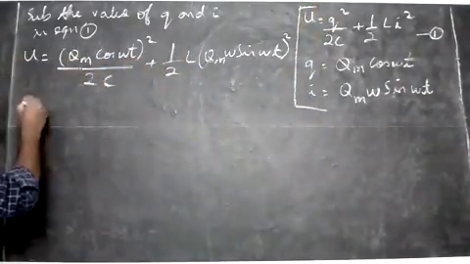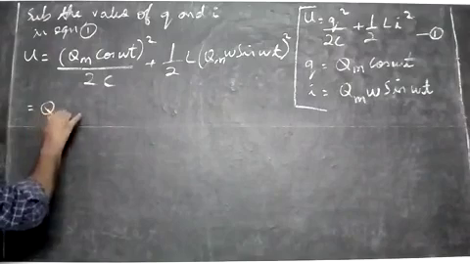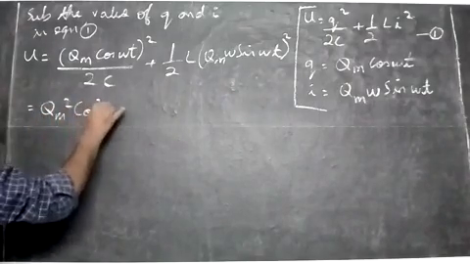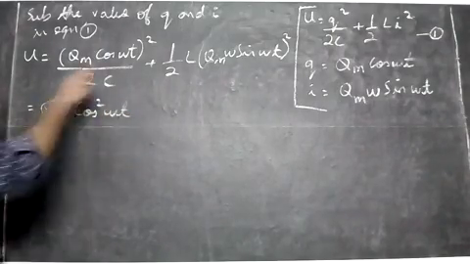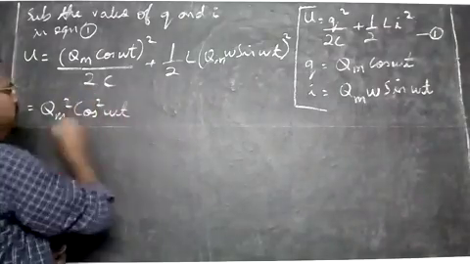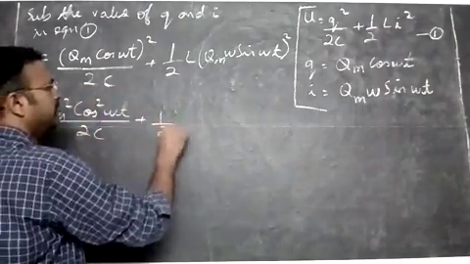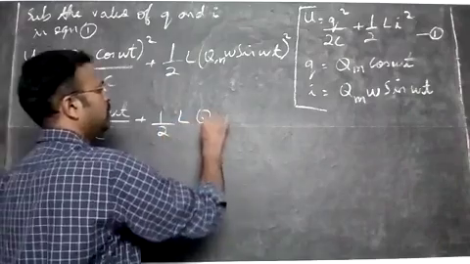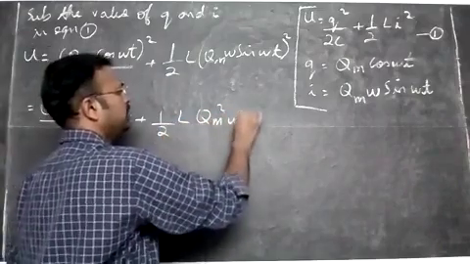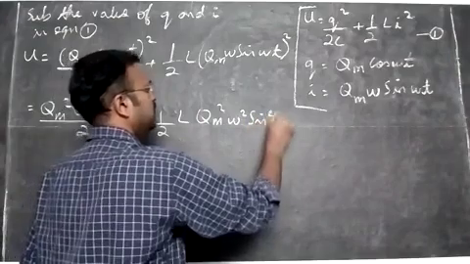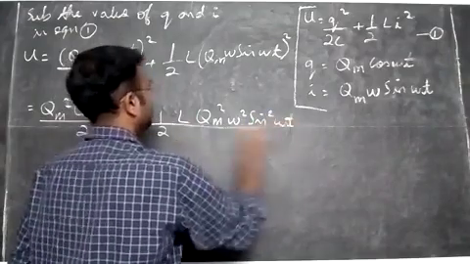Now square this term. So you get Qm square cos square omega t divided by 2C, plus half into L into Qm square omega square sin square omega t.